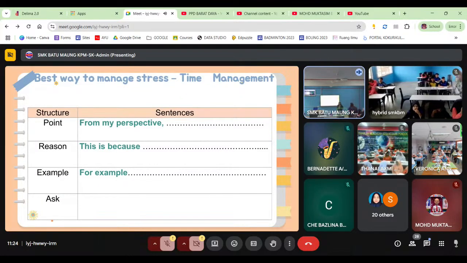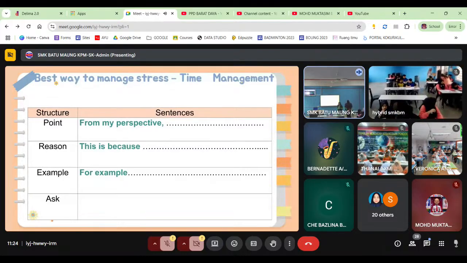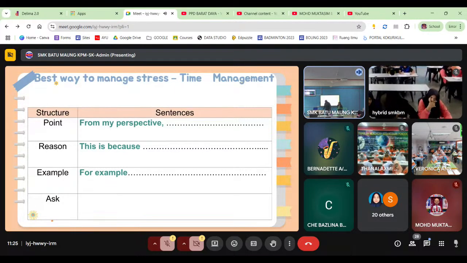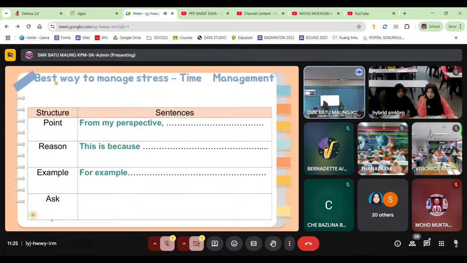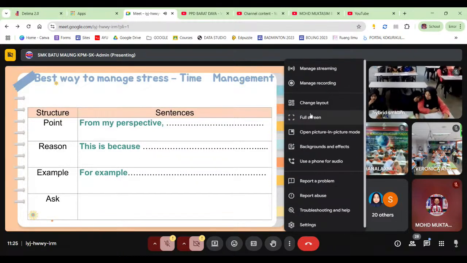What happens if you don't manage your time? How will you feel? How will you feel if you cannot manage your time well? Emotional, stress. Right. It matters to your life as a student.